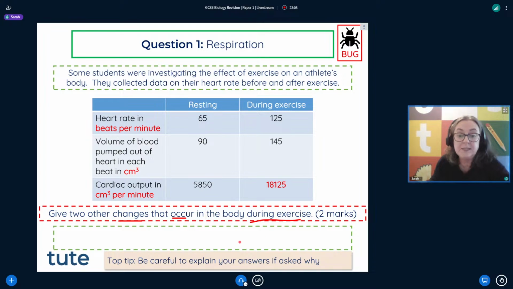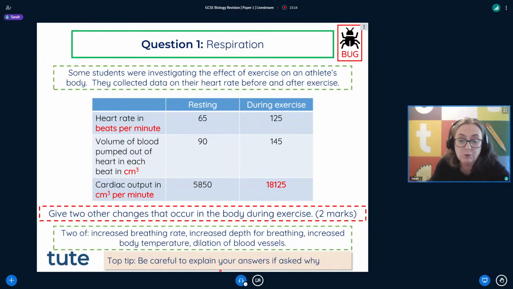It always has other effects other than your heart beating faster. And those other things that can happen, of course, are your breathing rate will increase, or the depth of your breathing will increase. You will breathe deeper, and then there'll be an increase in your body temperature. You might even start sweating to lower your body temperature.